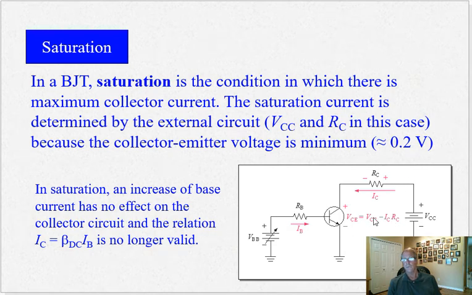So the collector emitter voltage is actually VCC minus IC RC, the current going through the collector times RC. All right, that's the voltage drop across the collector resistor here. Now, IC equals beta DC IB, multiplying the beta times the base current, that's no longer valid, because it's in cutoff. Or I'm sorry, it's in saturation.